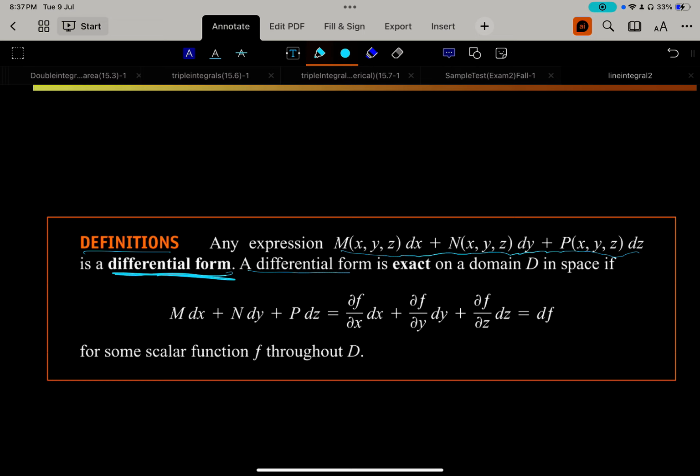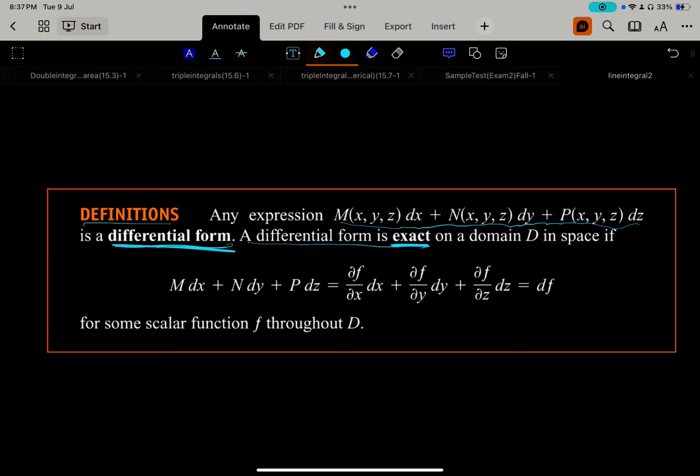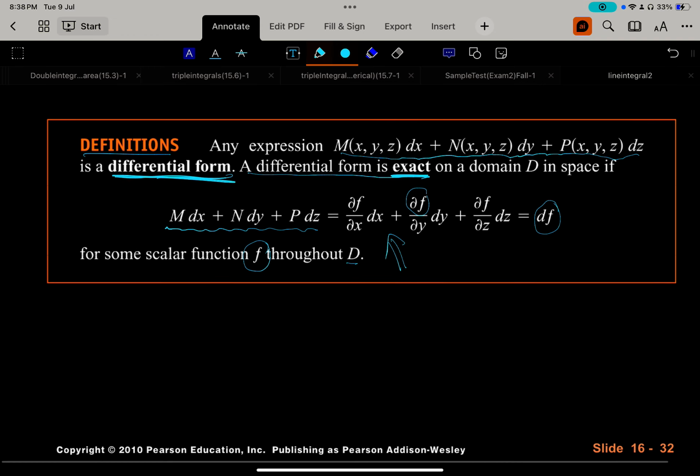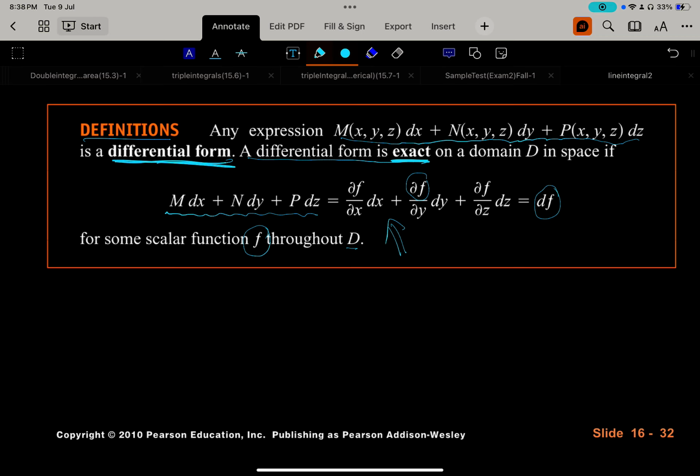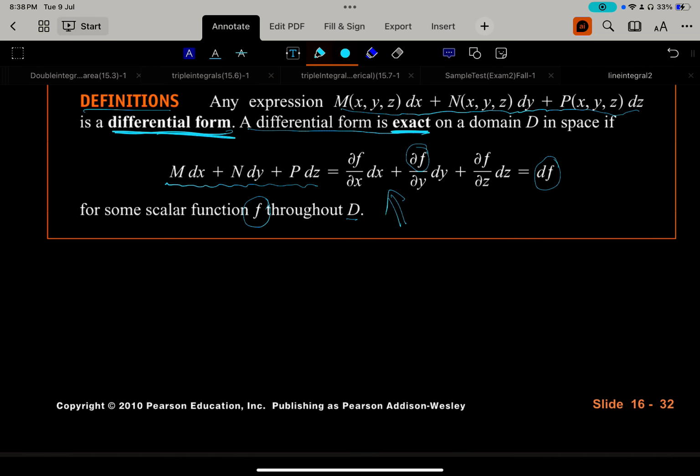A differential form is exact on a domain D in space if it equals the partial derivative of f with respect to x times dx, plus the partial derivative of f with respect to y times dy, plus the partial derivative of f with respect to z times dz, for some scalar function f throughout D. So if this holds true for some function f, then we say this expression is exact.